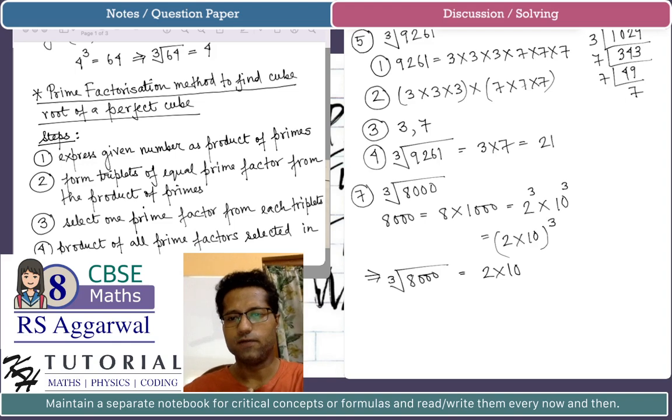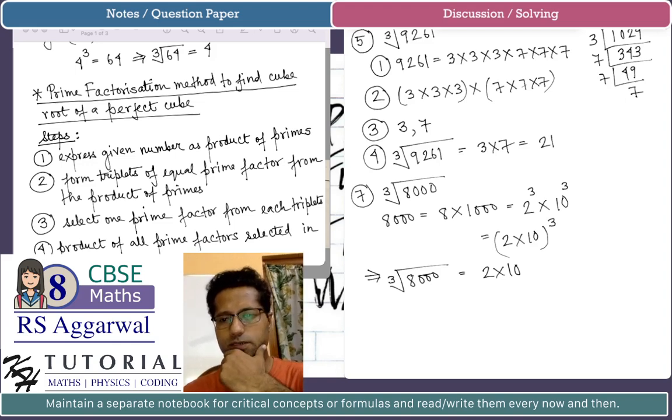So if you can easily express a number as powers of some factors, and those factors could be prime numbers, or even may not be prime numbers, and if the powers of those factors are multiples of 3, then also you can quickly find the cube root.